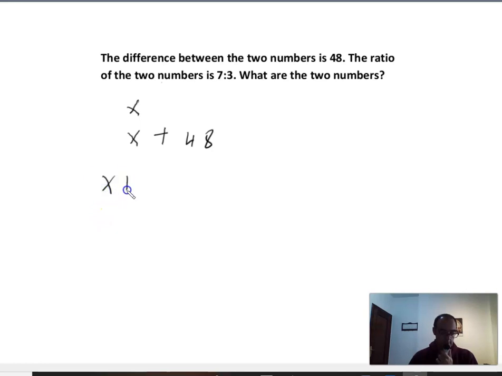Let's write x plus 48 divided by x, and this must be equal to 7 divided by 3, which is a fraction.